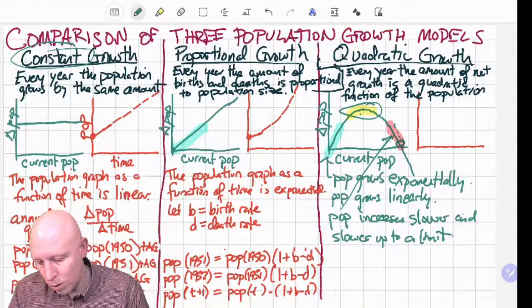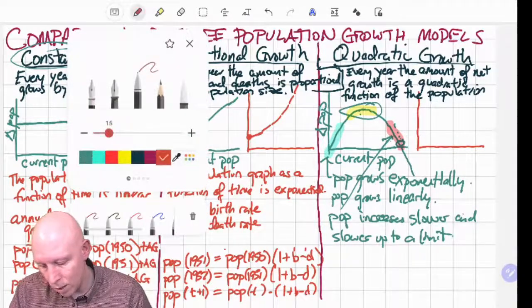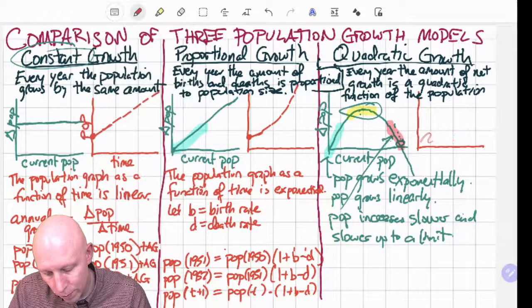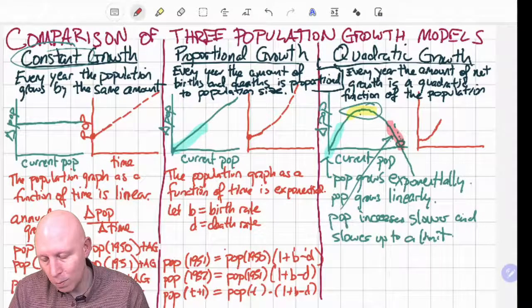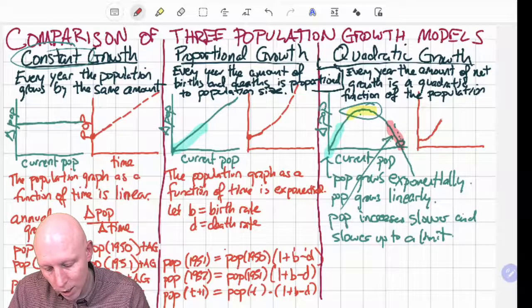Okay, so if we're going to draw the graph of what the population looks like over time, at the beginning part, the graph is going to increase exponentially, and then the graph is going to level off and grow linearly, and then it's going to grow slower up until this point right here.